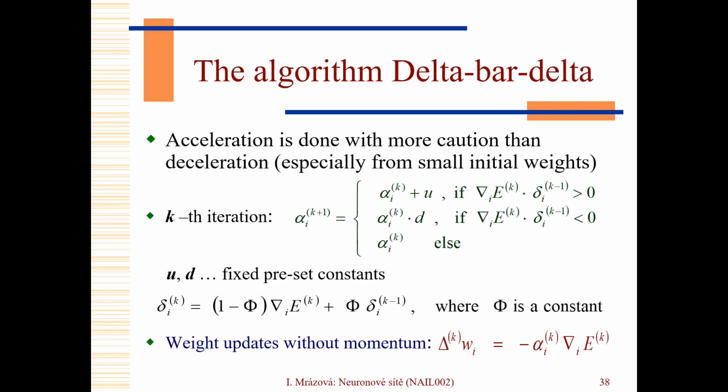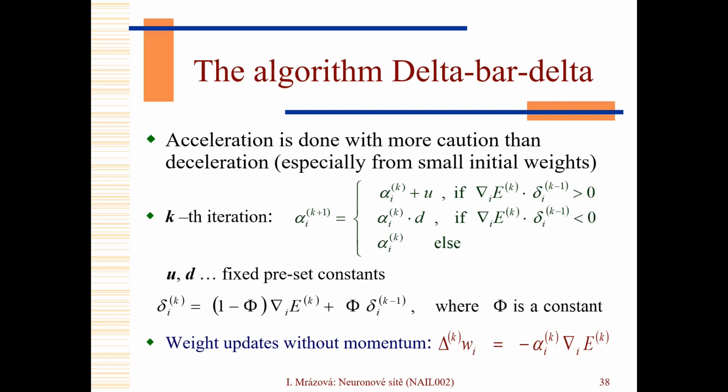So u and d will be some fixed preset constants, and the delta term expresses a kind of inertia in considering also previous gradients of the error function. So delta i at iteration k will correspond to the term 1 minus phi, where phi is a constant, times the gradient in dimension i of E at iteration k, plus the constant phi times the term delta i at the preceding iteration k minus 1.